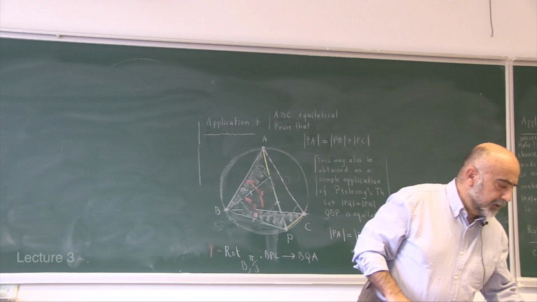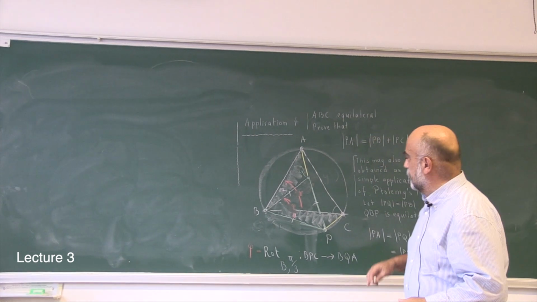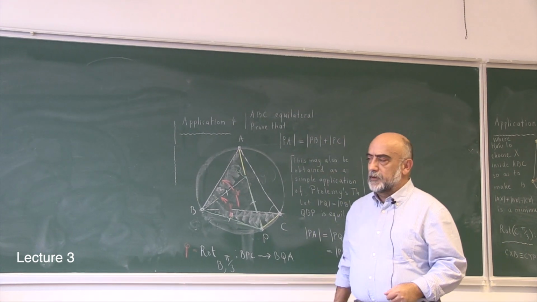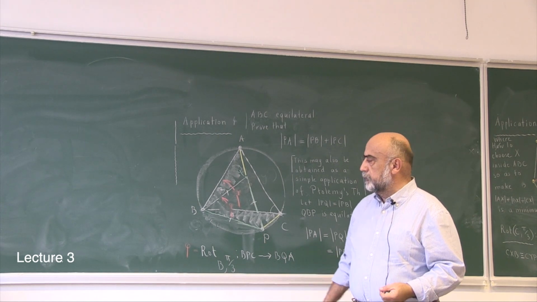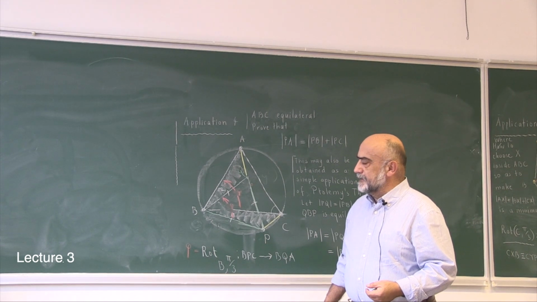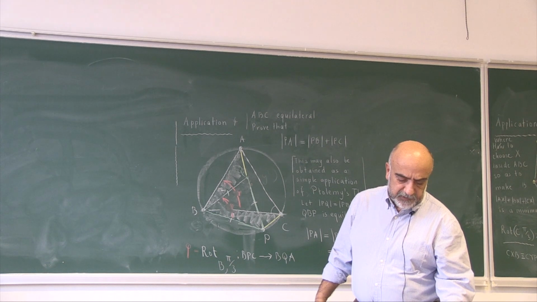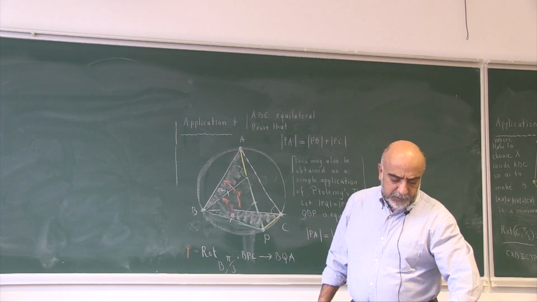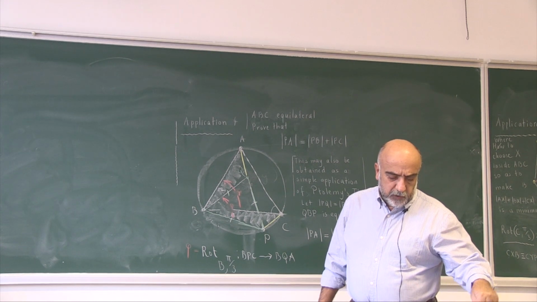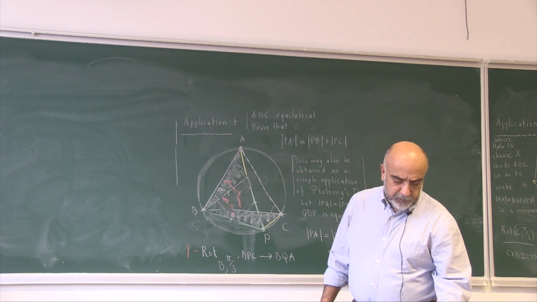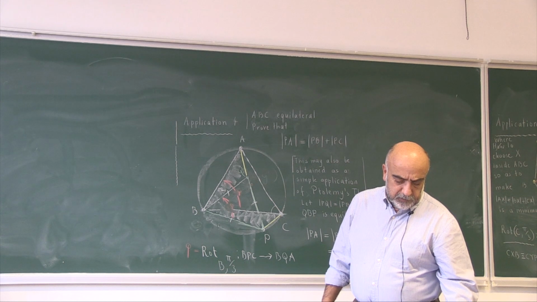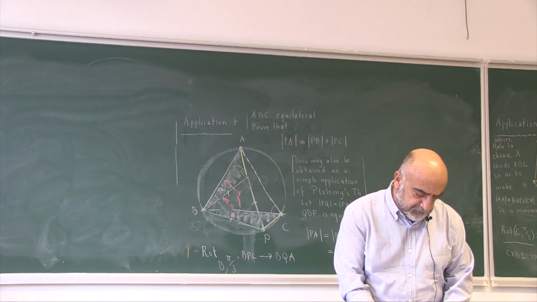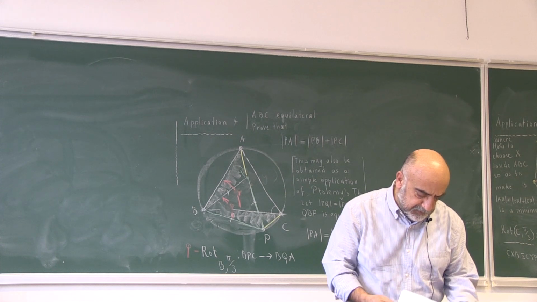Fine. Now, rotations. I've shown you what might be called some applications of the concept of rotation. There is one special case of rotation which appears to be rather useful in certain special circumstances.